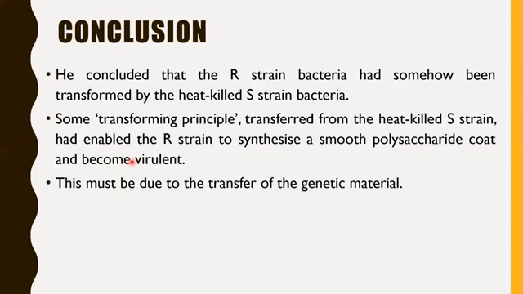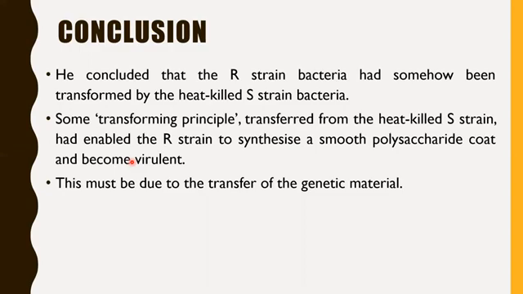But he never told about the DNA. He said that some factors found in the heat-killed S strain cells are responsible for the bacterial transformation. So this must be due to the transfer of genetic material. But what is that genetic material?